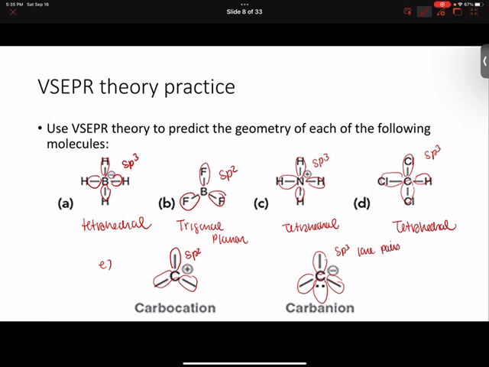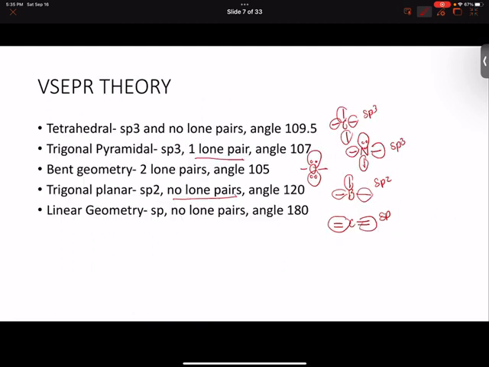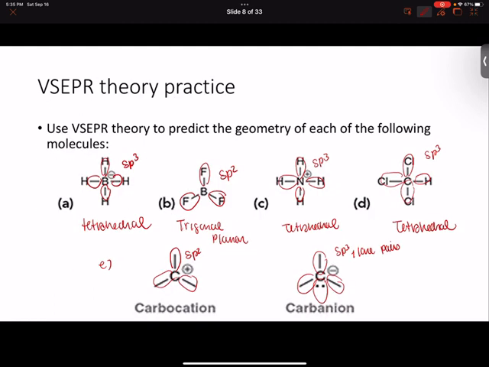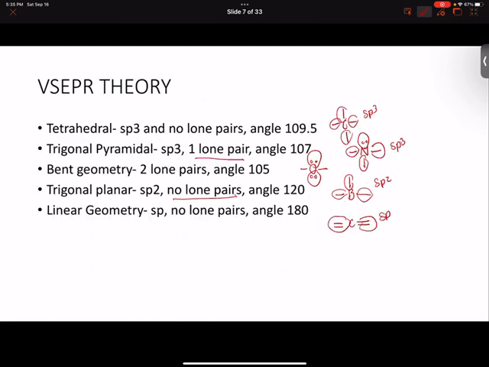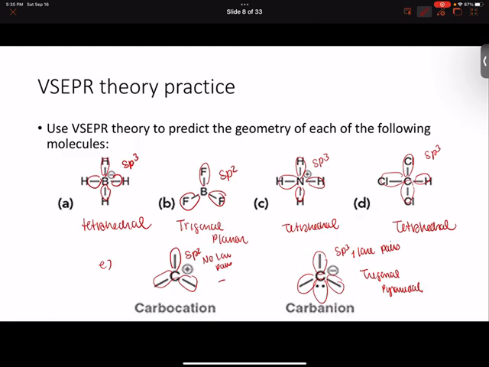So then let's look back. It only has one lone pair also. sp3 and one lone pair. This one's going to be trigonal pyramidal. But as you can see, this one's sp2, no lone pairs. sp2, no lone pairs is going to be trigonal planar.